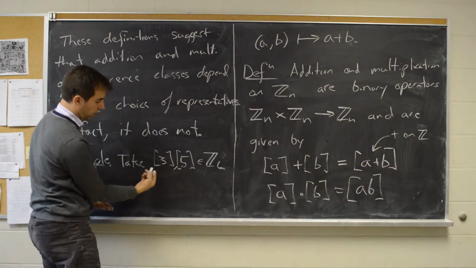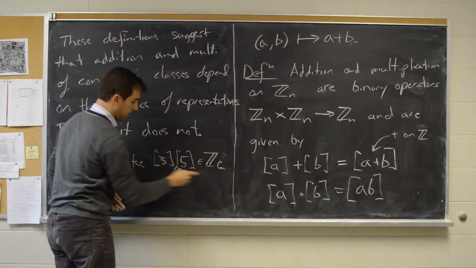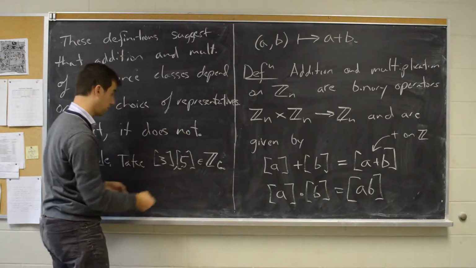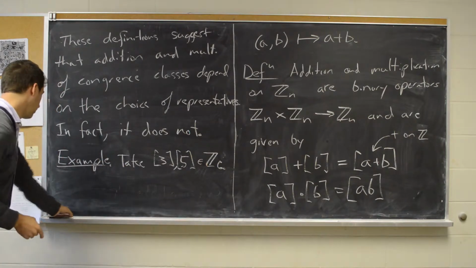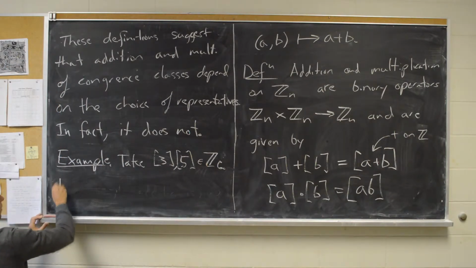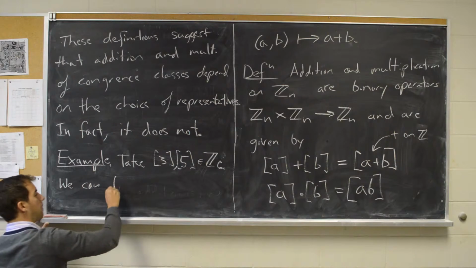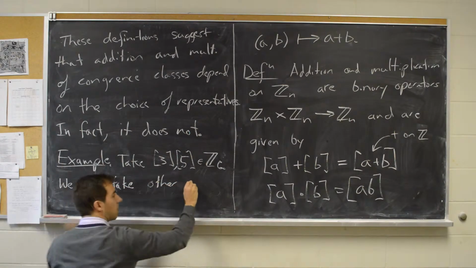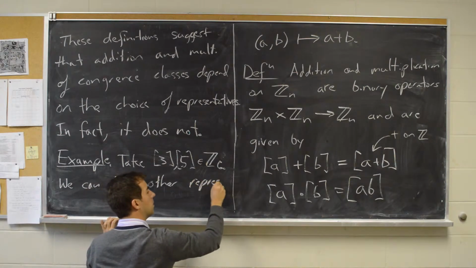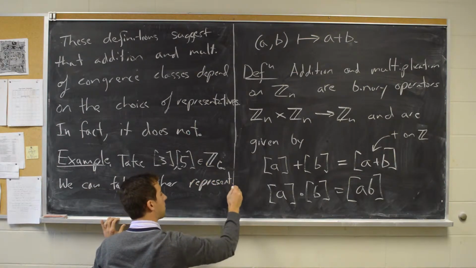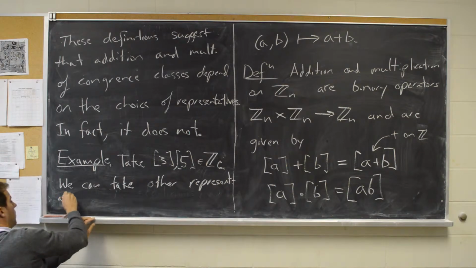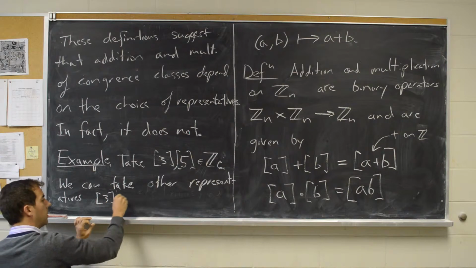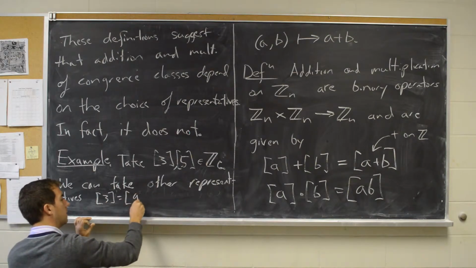Since these are represented by different numbers that are less than 6 and greater than or equal to 0, I know they're distinct equivalence classes, but I can pick other representatives. So why don't we take for 3, we'll add 6 to it, we'll get 9, so there's another representative.